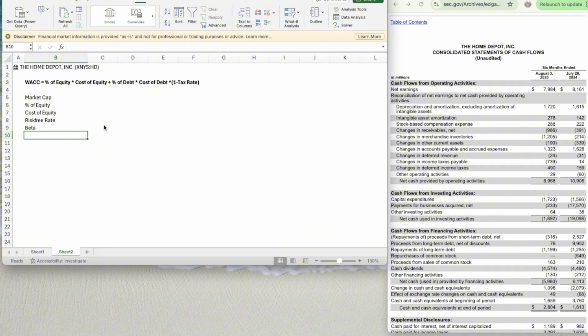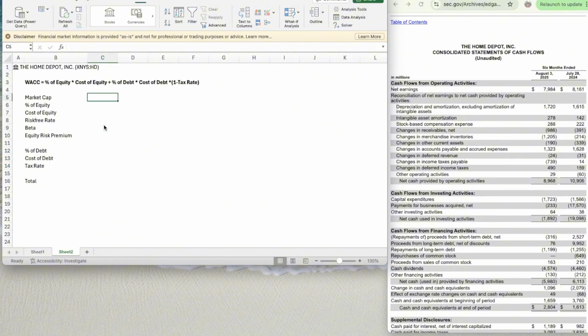We take the unlevered beta and then relever it, but otherwise we're not going to build out the equity risk premium because the majority of the revenues come from the US tax rate. Then we go total.